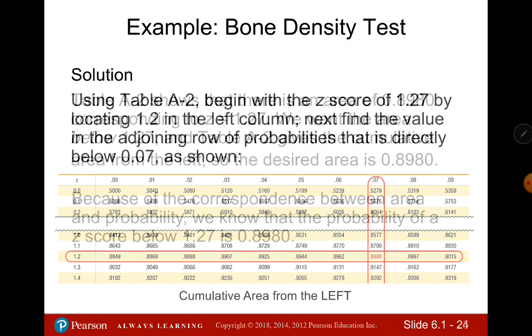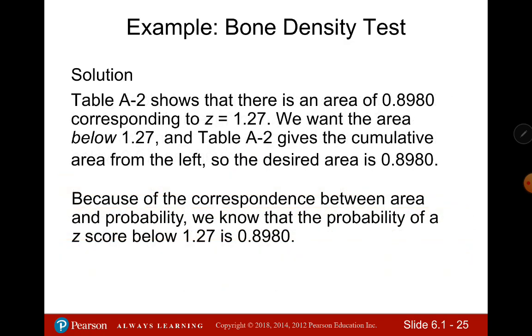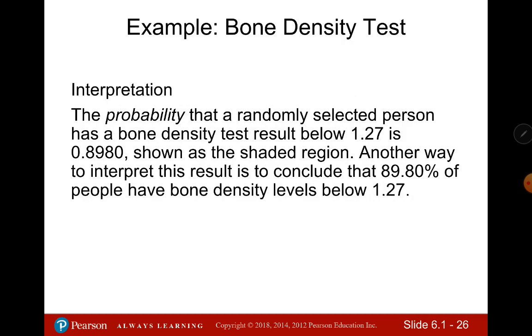After that, we only need to interpret our result. We know the probability below this one, because it's the area to the left, is 0.8980. So this is our interpretation. We can say the probability is this one, and we can say about 90% of the people score below 1.27.